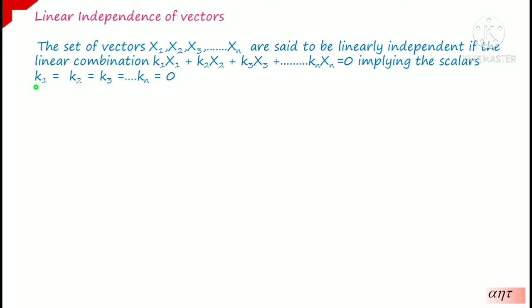All the terms should be individually equal to 0. Then we say that the vectors are linearly independent. Another, easiest method for small matrices is when you find the determinant of A which is not equal to 0, then we say that the vectors are linearly independent.